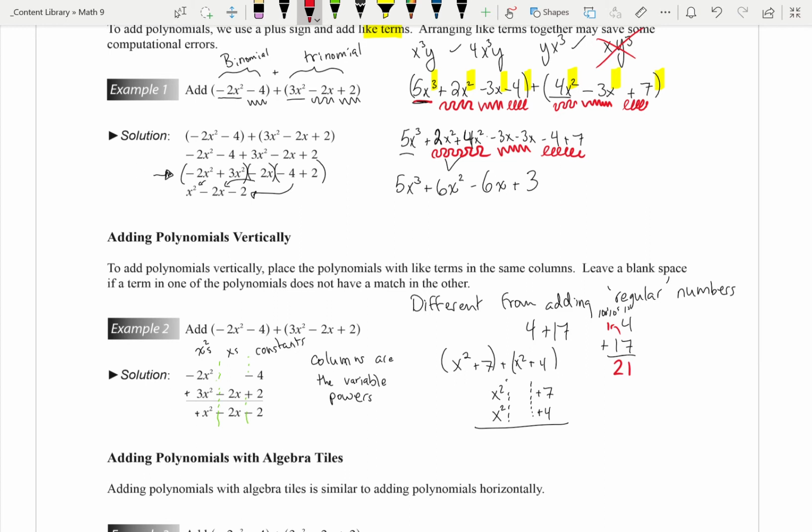I don't want to carry my 1s here. So when I add these together, I don't have 1x plus 1. Instead, I have plus 11. I still have 0 x's, and I have x squared, and there's 2 of them. So keep that in mind.